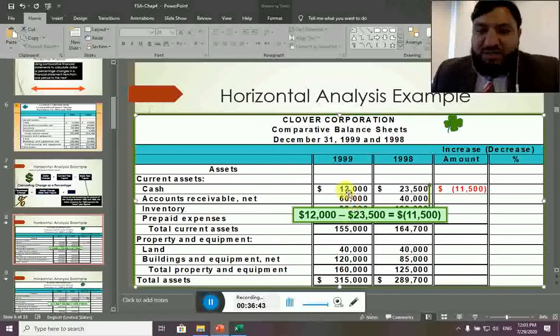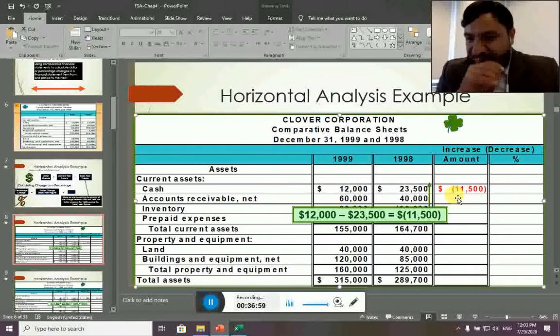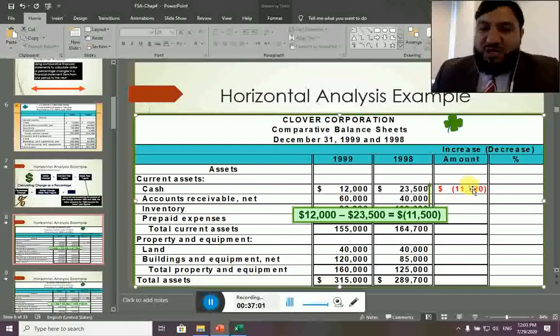The current year is 99 and the base year is 98. So 12,000 minus 23,000 is minus 11,500, which means there is a decrease in the cash as compared to 1998. We have a decrease of 11,500 in 99, right?